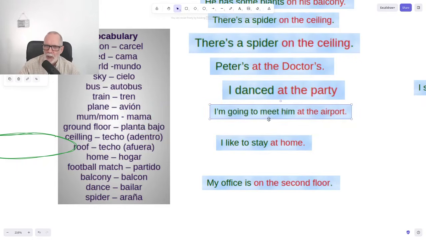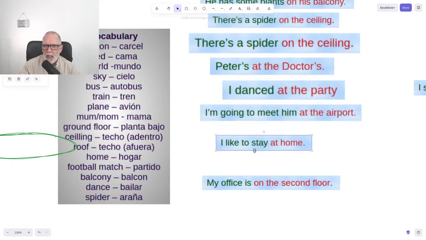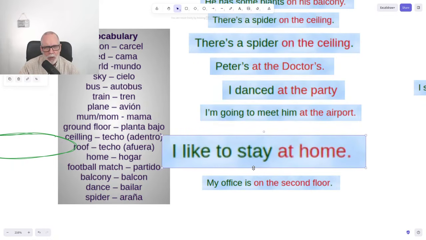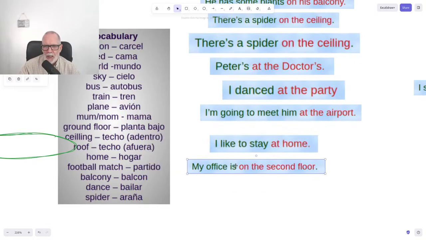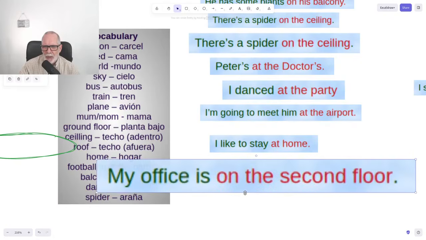Voy a encontrarlo en el aeropuerto. I like to stay at home. Me gusta quedarme en casa. And finally, my office is on the second floor. Mi oficina está en el segundo piso.